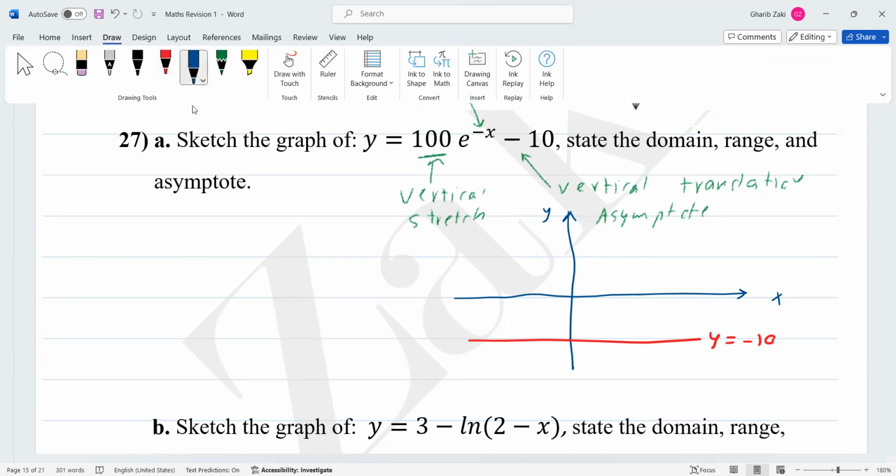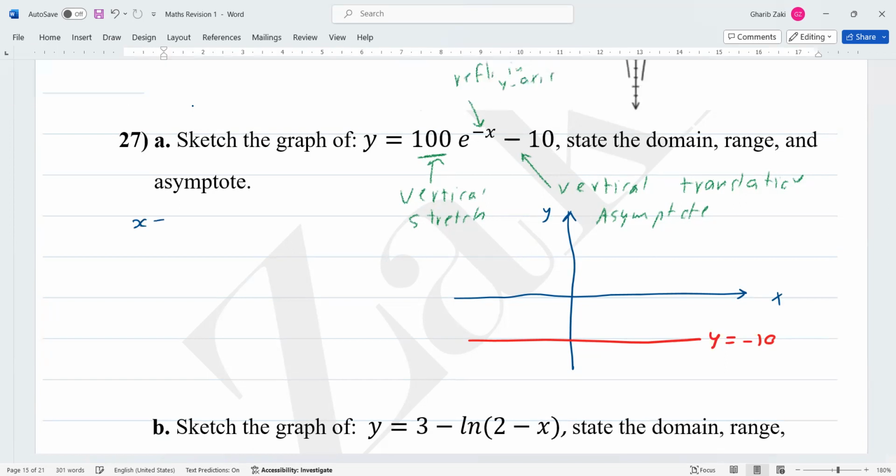Now, follow me, please. When x equals 0, what is the value of y? Replace x by 0. E power 0 is 1 times 100, 100 minus 10, 90. Then the curve intersects y-axis at the point 90. This is the point 90. This is 0. Now, on x-axis, replace y by 0. So 100 e power negative x equals 10 when you replace y by 0.